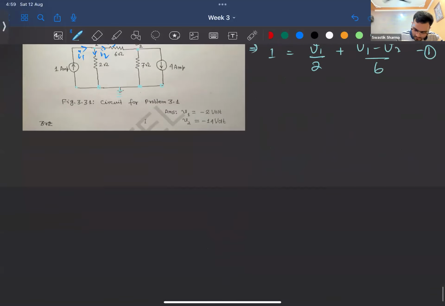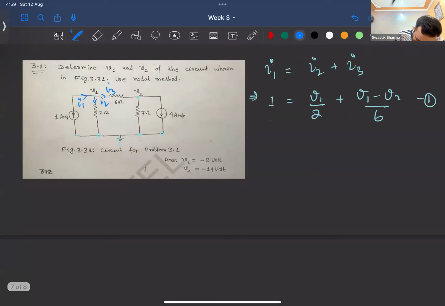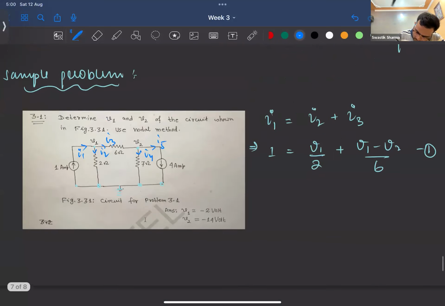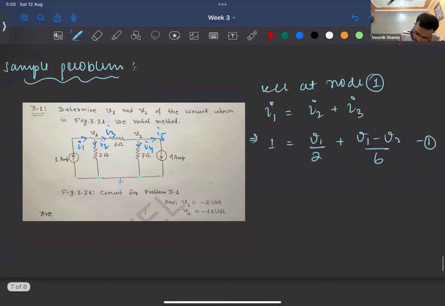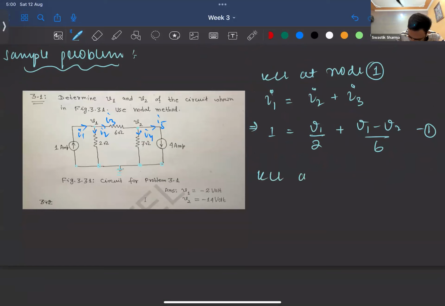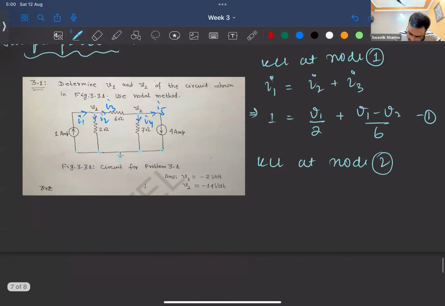Similarly, for the second node, I3 is coming this way. This is I4 and this is I5. So what would be the KCL?